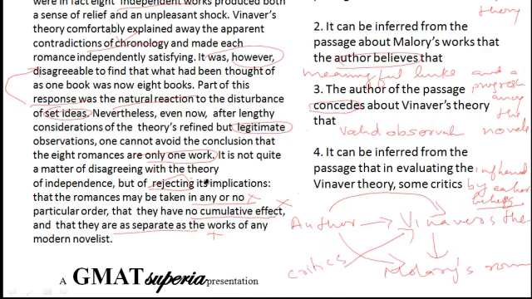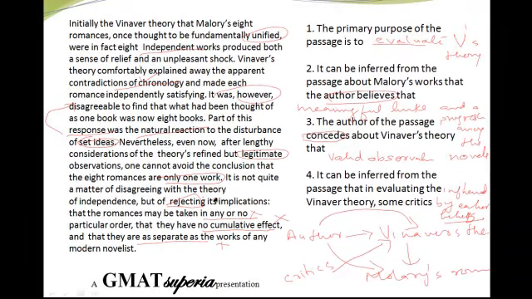We have an author who writes a passage and discusses Vinaver's theory. Vinaver's theory is about Mallory's 8 romances or novels. Critics earlier thought, or everyone believed, that these are all one volume. But now Vinaver said no, they are independent books. Critics opposed Vinaver. The author gives his judgment.